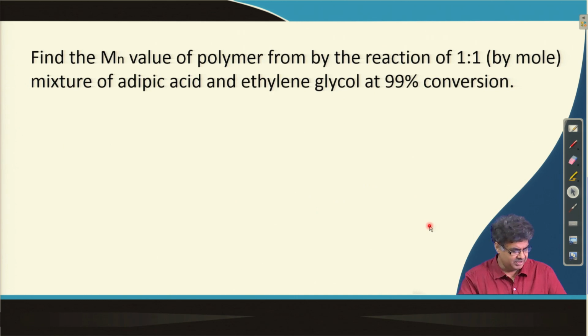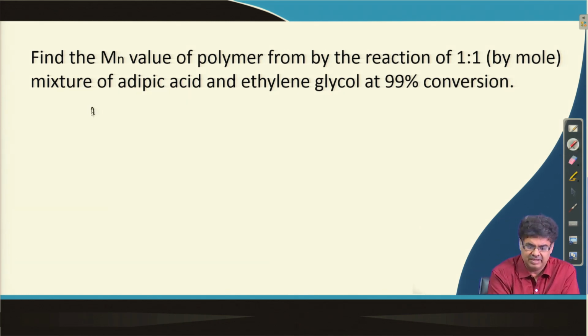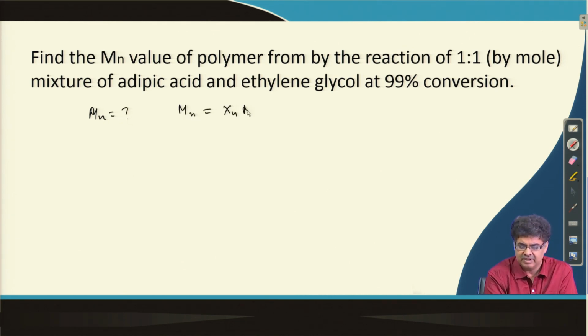Let us give an example. We need to find out the Mn value of the polymer formed by reaction of 1:1 mole by mole of adipic acid and ethylene glycol. Now, Mn we know is Xn times M average of the structural units plus M of the end groups.